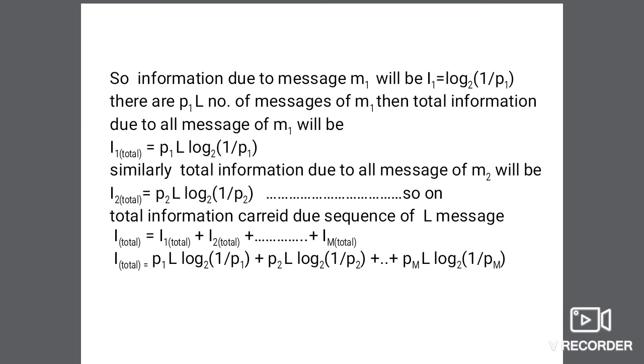So the total information carried by a sequence of L messages is I total, the sum of I1 total, I2 total, and so on up to Im total. Here the total amount of information I is equal to P1L log base 2 of 1 upon P1 plus P2L log base 2 of 1 upon P2, and so on, plus PmL log base 2 of 1 upon Pm.